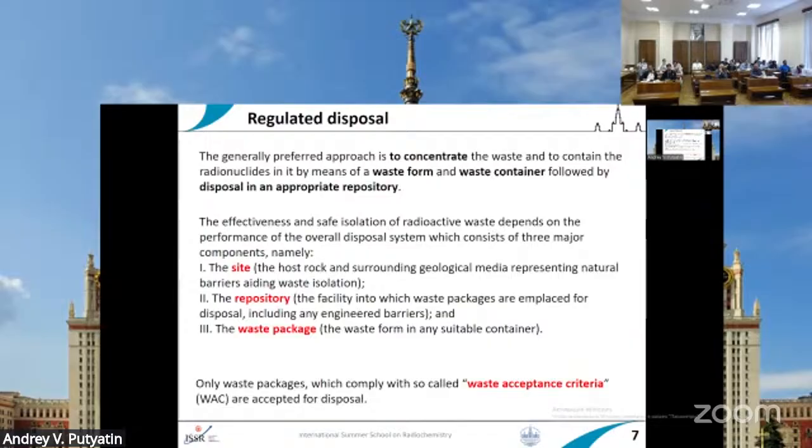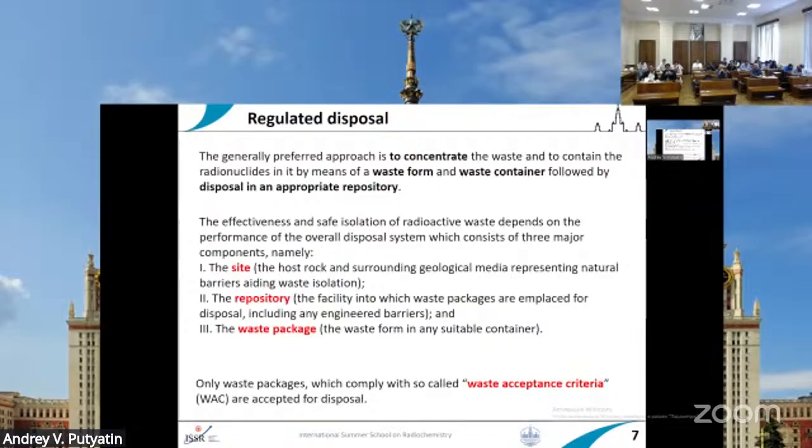So, there are certain parameters for every disposal, for every repository. There is a list of waste acceptance criteria for the waste packages. Yesterday, Eduard Nikitin talked about these issues, and only the waste packages that comply with these waste acceptance criteria can be placed in this specific repository.